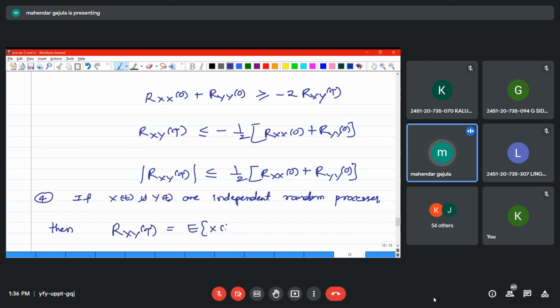We can write it as expectation of x(t) times expectation of y(t plus tau). So how do we prove it?